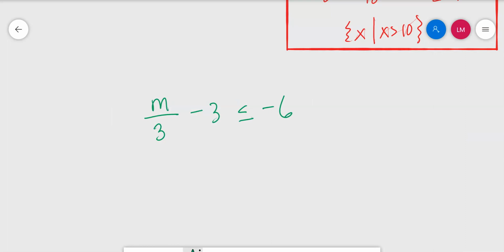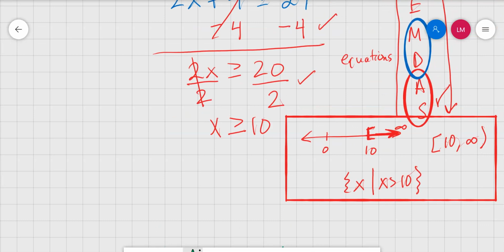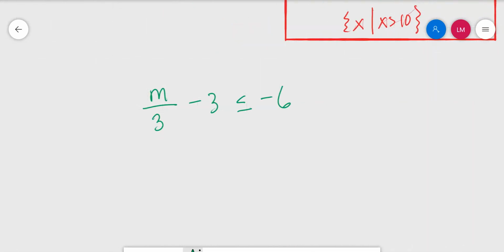-6. Okay, so one more time, just showing up top, we're going to do addition and subtraction first and then do multiplication and division. So I'm going to add 3, add 3.